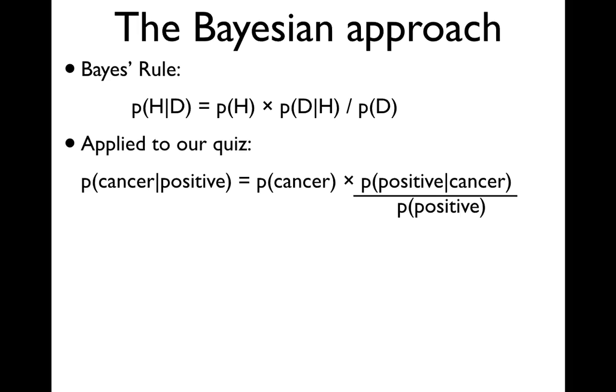But how did I get that number? Maybe I measured the entire population and was able to figure out definitively that only 10% of people have it. Well, if I did that, I wouldn't need a diagnostic test. So presumably that came from some prior study that hopefully looked at a lot of people with some super accurate gold standard and was able to establish that the prevalence rate was 10%.